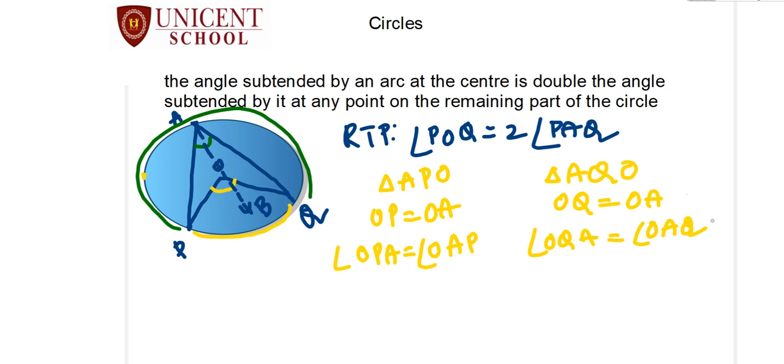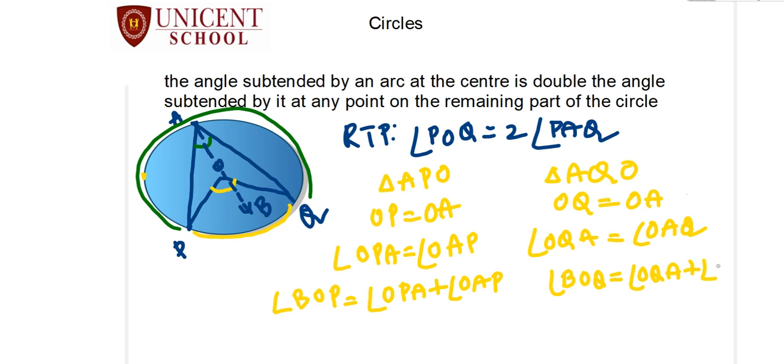And also by the exterior angle property, we get angle BOP is equal to angle OPA plus angle OAP. Similarly, here also based on the exterior angle property, angle BOQ is equal to angle OQA plus angle OAQ.